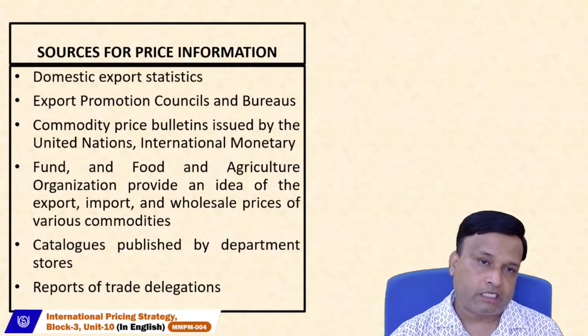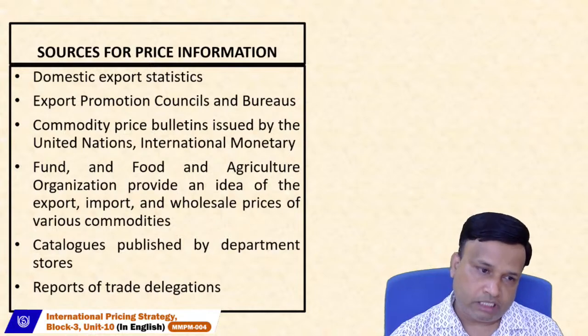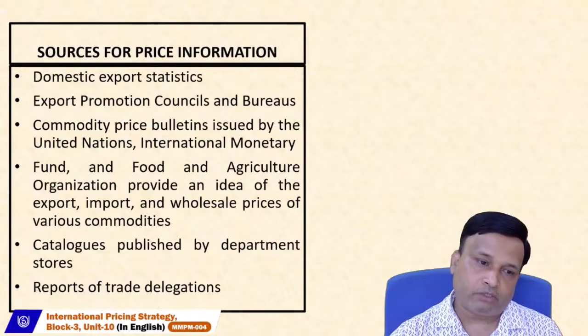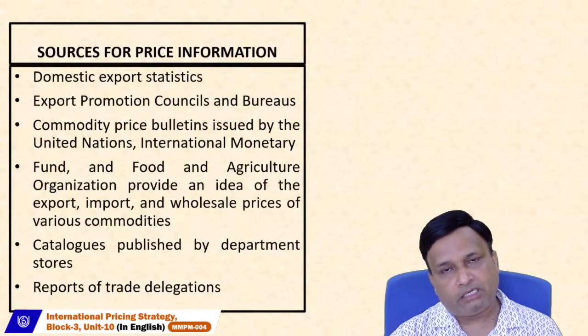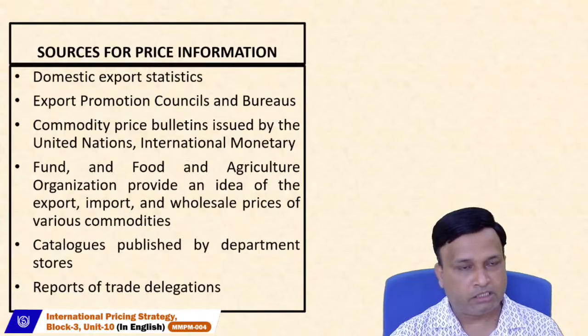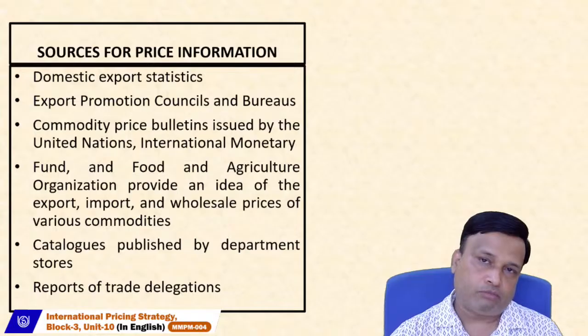Export statistics will tell me, the export promotion council will give me information, commodity price bulletins, catalogs published by department stores, and reports of trade delegations will all provide me information. These are the proper sources of price information to decide about the price.